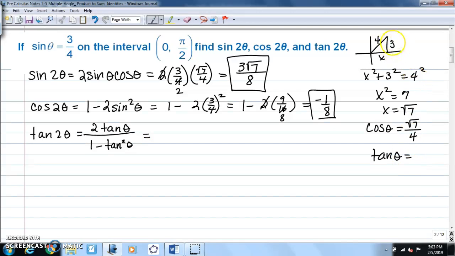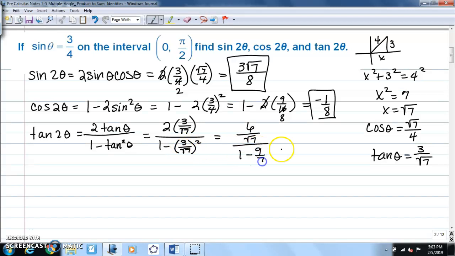Tangent is my y value over my x value. So this is going to be 3 over the square root of 7. Now, I don't have to simplify that right now because I'm going to have to eventually and just do it once. It might be easier. So let's just put that in there as is. So tangent of theta is 3 over the square root of 7. 1 minus 3 over the square root of 7 squared. So this is 6 over the square root of 7 over 1 minus 9/7.